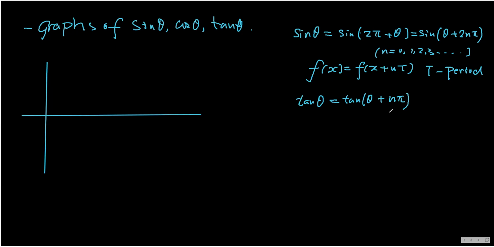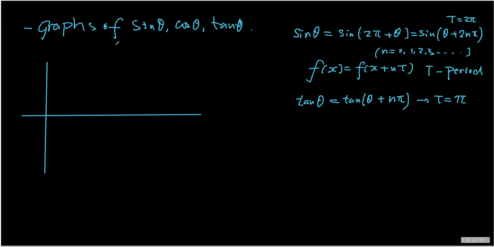So in this case, the period is pi. What does the tan graph look like? We can draw that with period pi, but here T equals 2 pi.